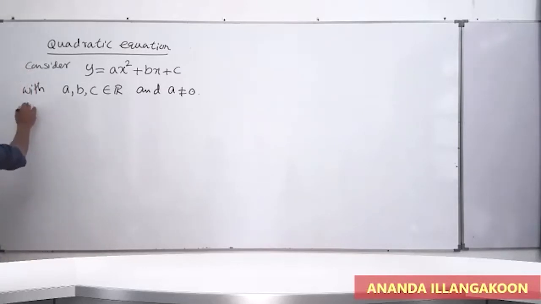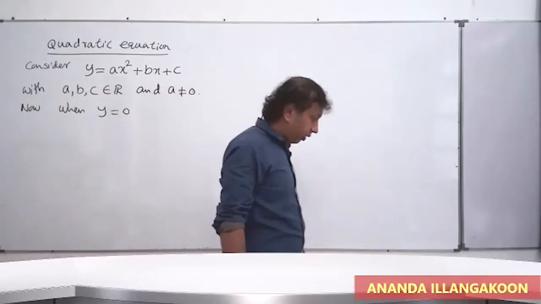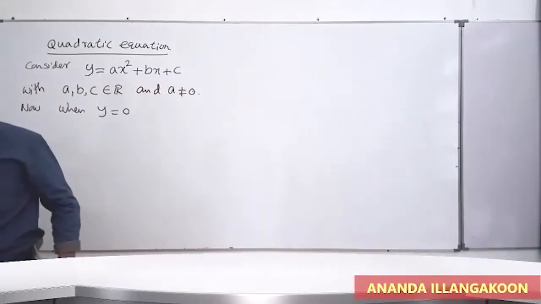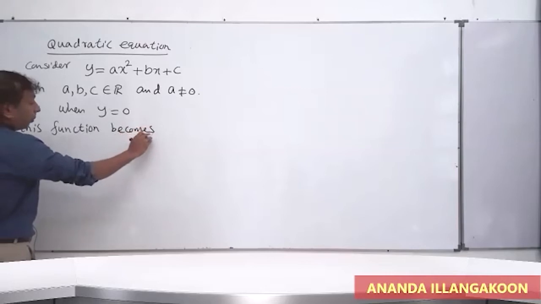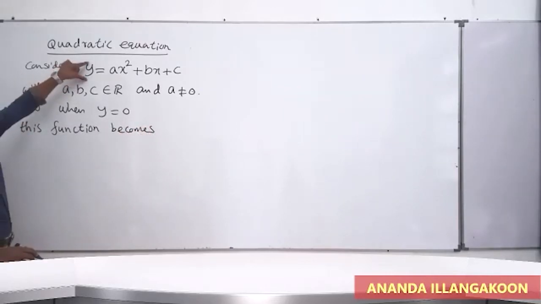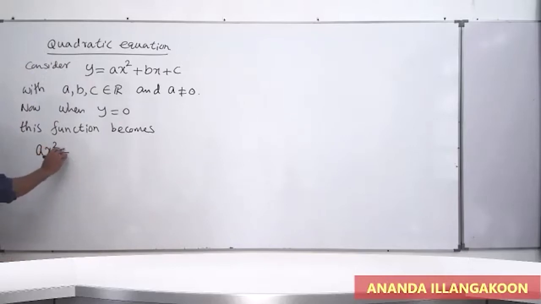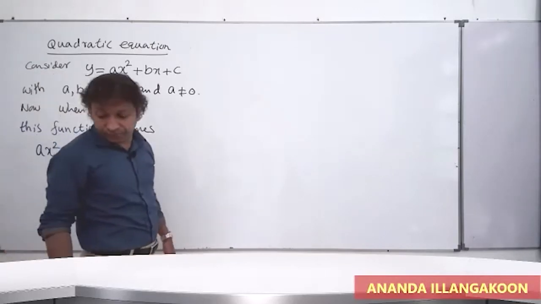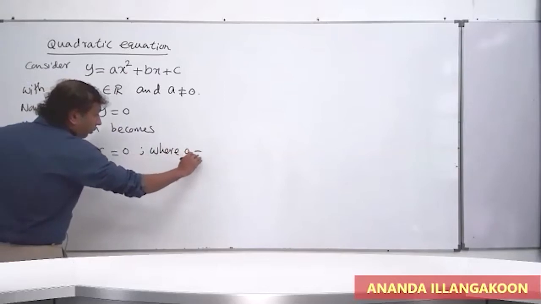Write down. Now, when y equals 0, this function becomes, put 0 here, people, what do you get? ax squared plus bx plus c equals 0, where a is not equal to 0.